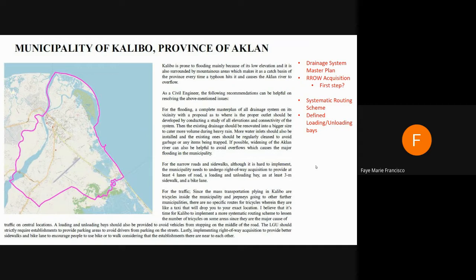It can also be done during the sending of notice of takings, just to request those documents from the owners, to check if they really are the owners of those properties. So a lot of due diligence is conducted before actually negotiating with those project affected persons.